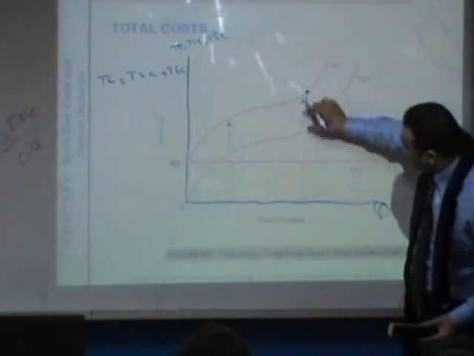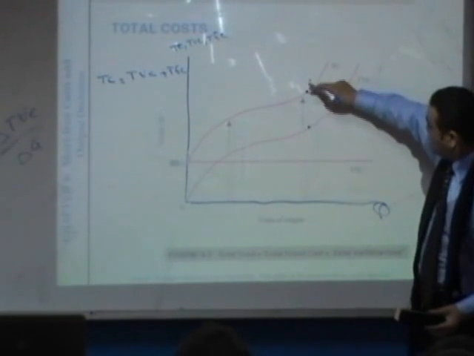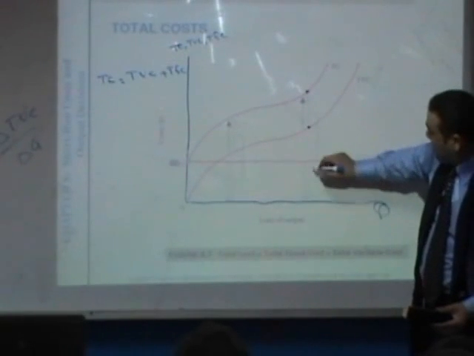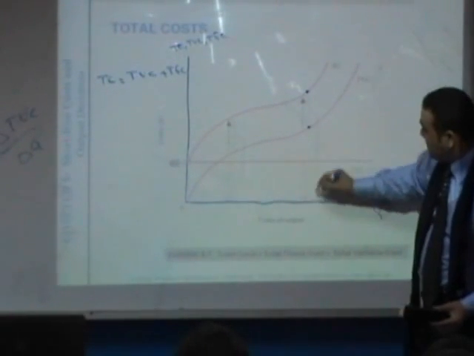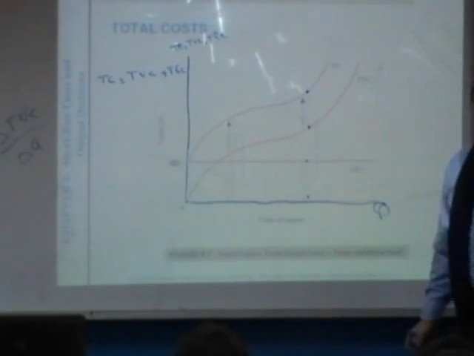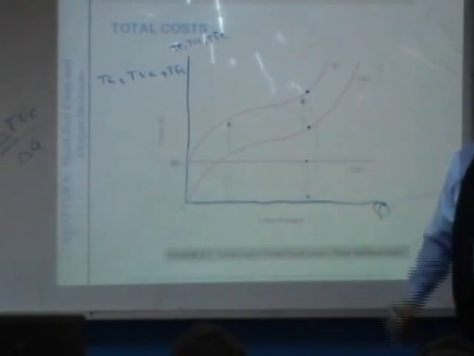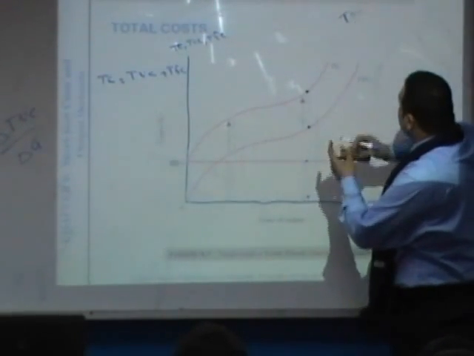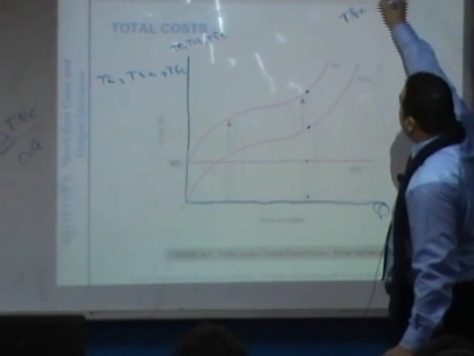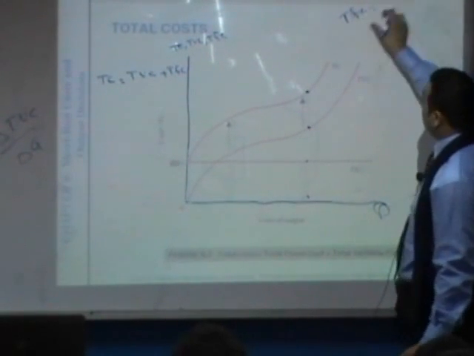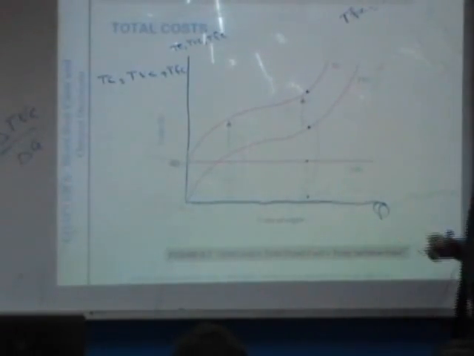the vertical distance between TC and TVC is the TFC. So as you see, this distance equals this distance. Right? Because TFC equals TC minus TVC.